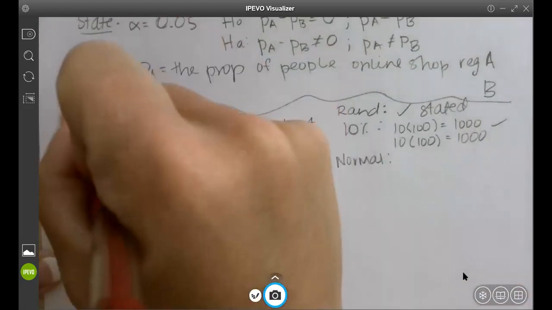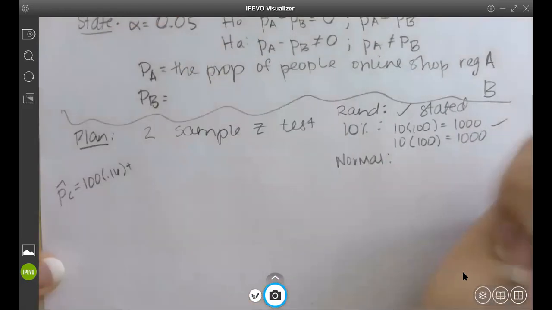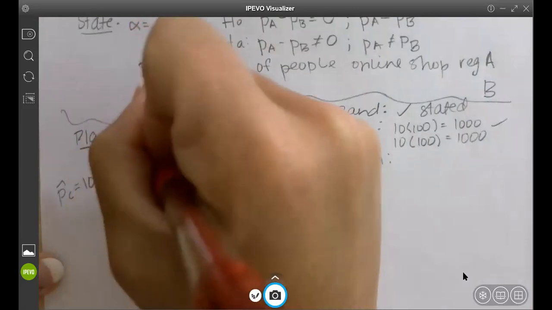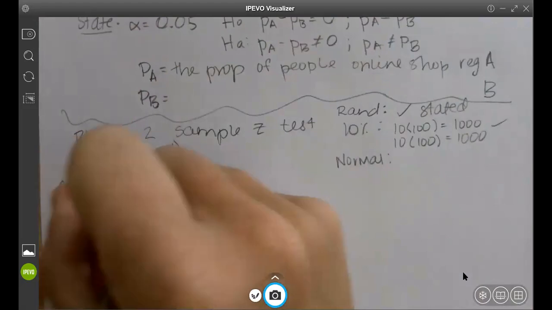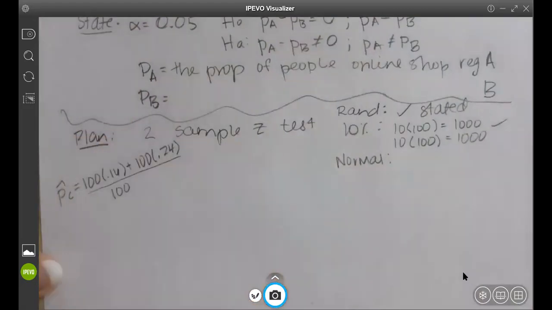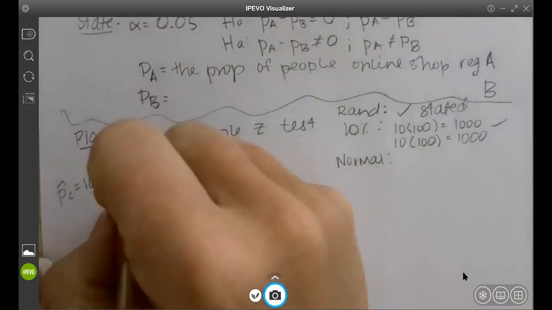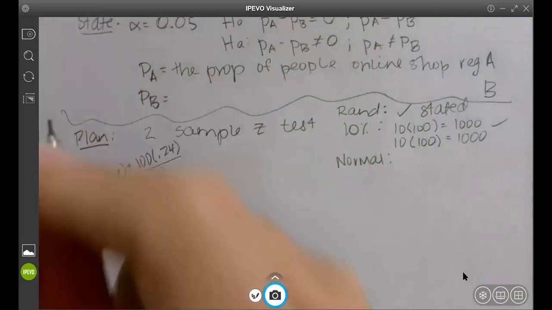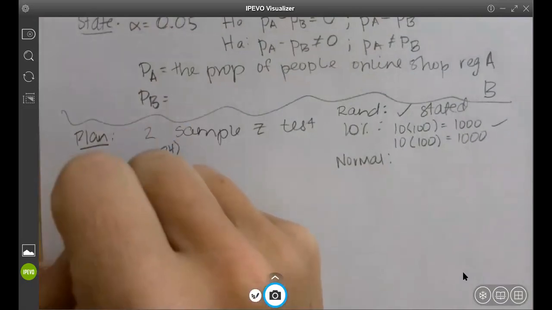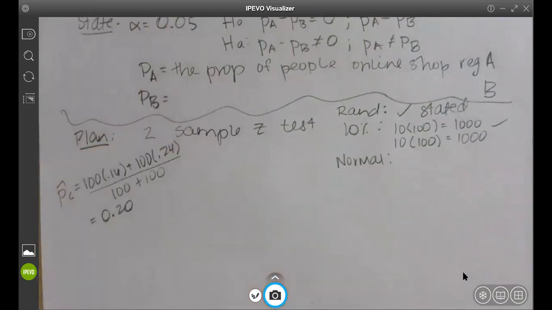The first one was 0.16 plus your sample size times your other proportion, which is 0.24. It was basically your proportion plus your proportion over your sample size plus 100. This gives you a p hat combined of 0.20.